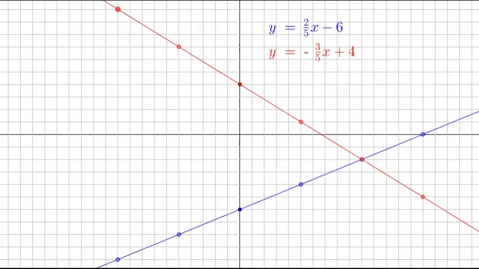So what we want to notice is that these two lines, the red and the blue line, they intersect, they cross. In fact, I'm going to highlight where they intersect. This purple point, or magenta, is where our two lines intersect, and it's our solution.